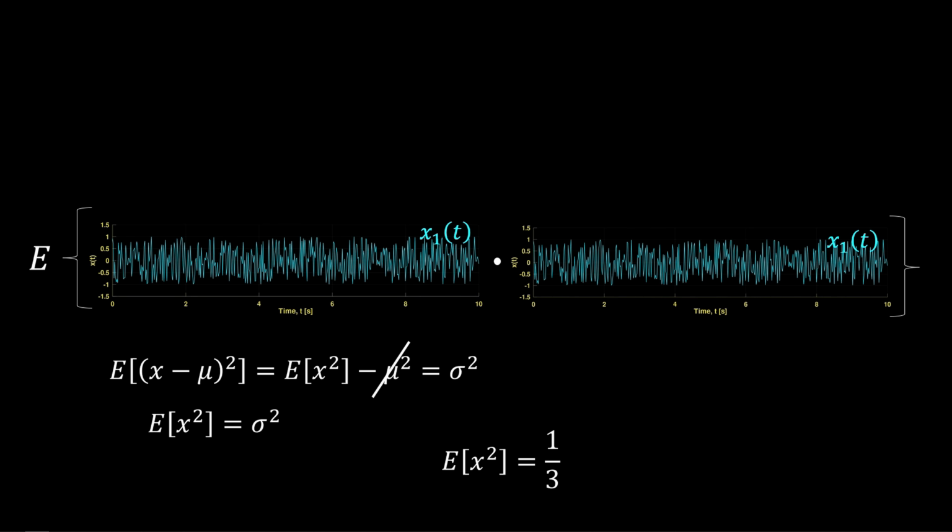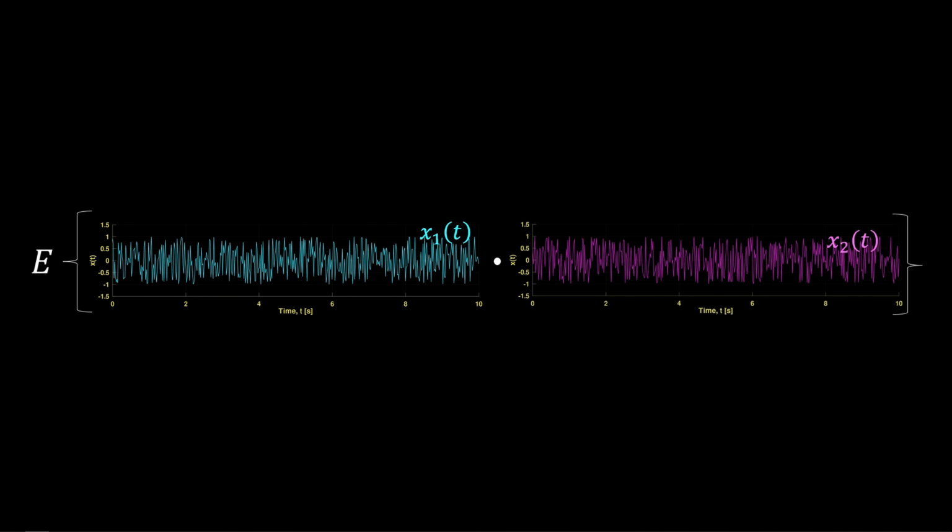But what about how much one signal in x varies with respect to another signal? Since we're talking about the variance of 2 separate signals, this is termed the covariance, as in the joint variance.